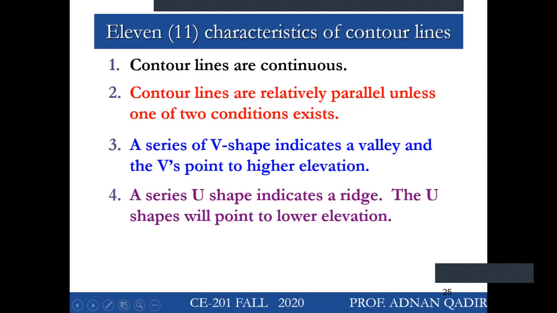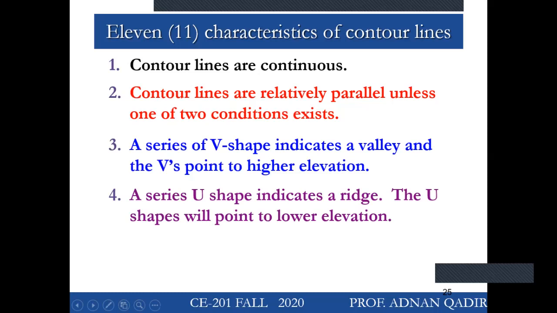U shapes indicate a ridge. The U shape will point to lower elevation. So if you find a V shape, it means you're talking about a valley. And if you see the shape of contours in U, it's a ridge.